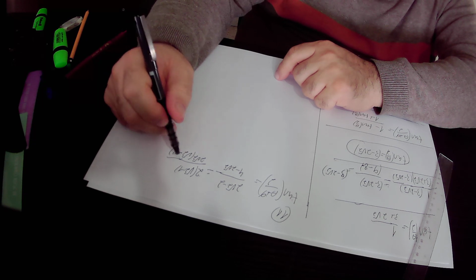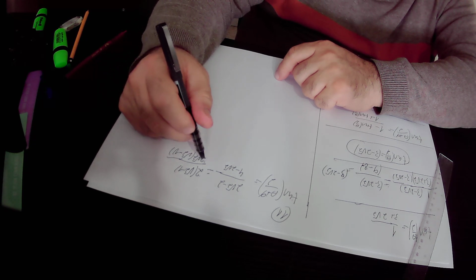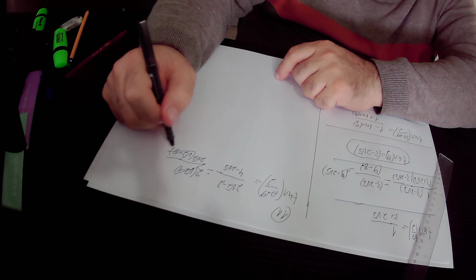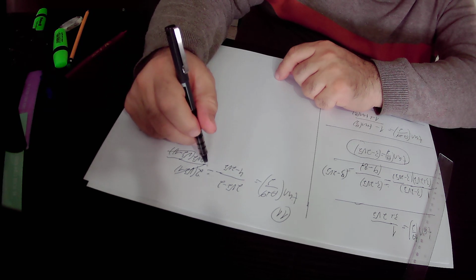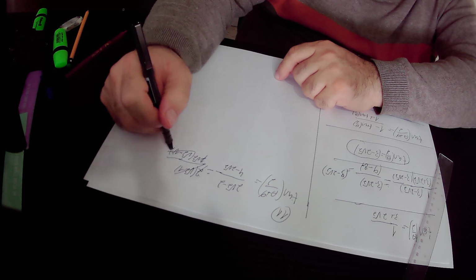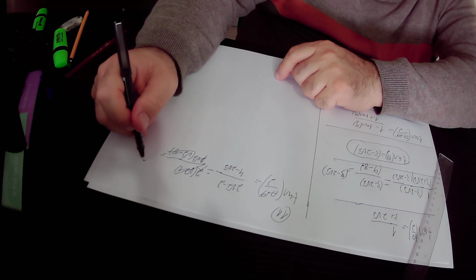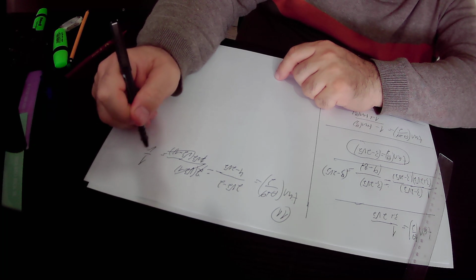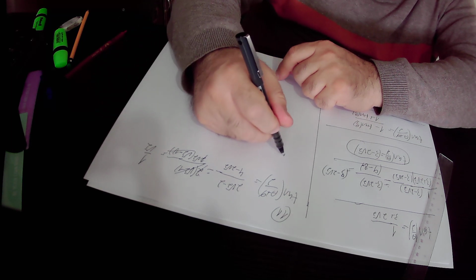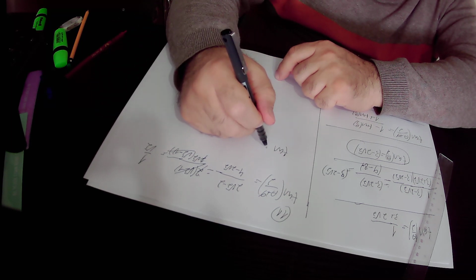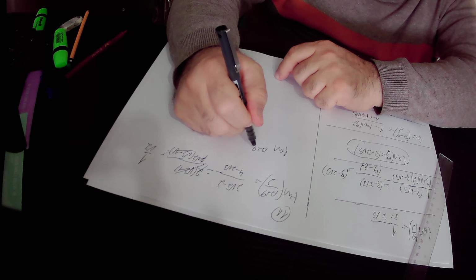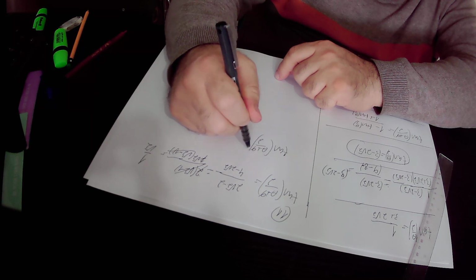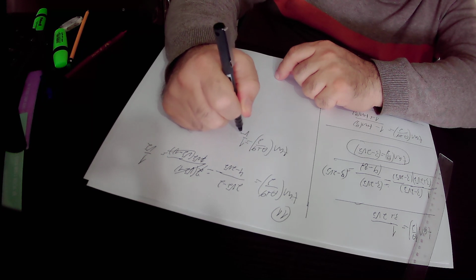Here square root of 2 minus 1 over square root of 2 minus 1 is 1, so it gets cancelled, and 2 over 2 also gets cancelled. So in conclusion, tangent theta plus alpha over 2 equals 1 over square root of 2. I write it again: the value of tangent theta plus alpha over 2 equals 1 over square root of 2.